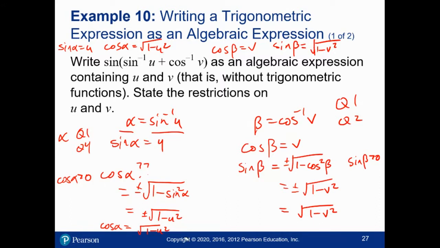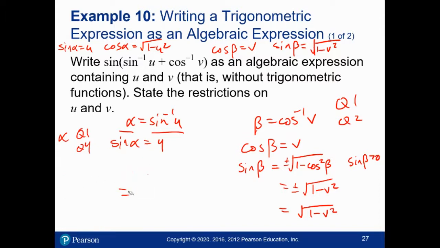Okay, so let's clear things up. I'm leaving up that alpha is defined as the arcsine of u and that beta is defined as the arc cosine of v.